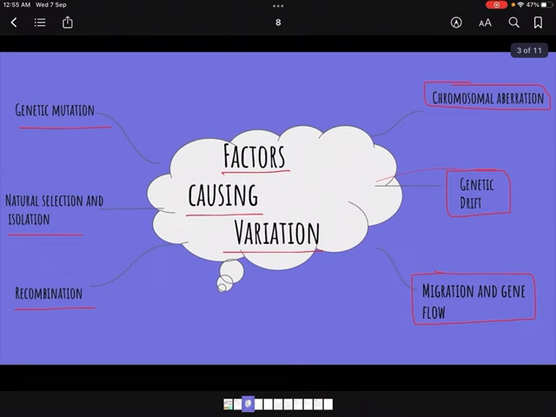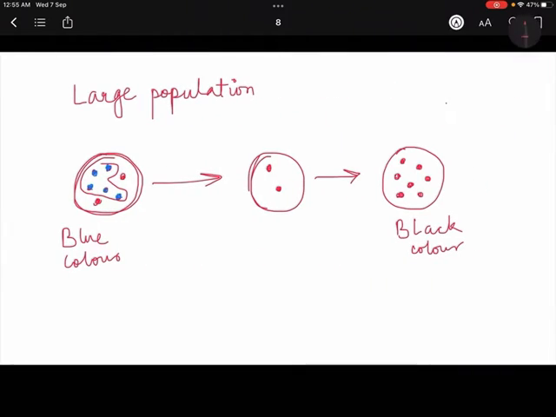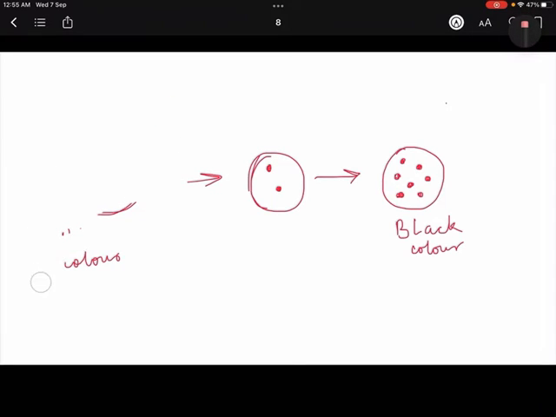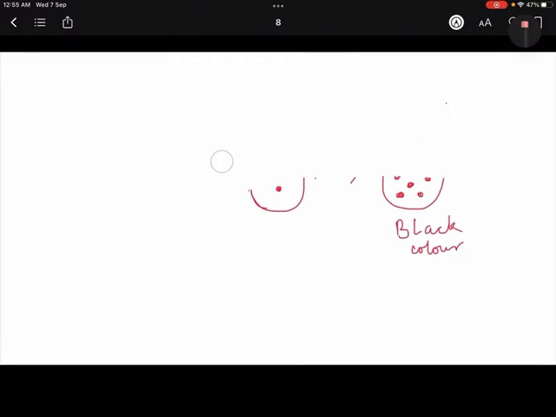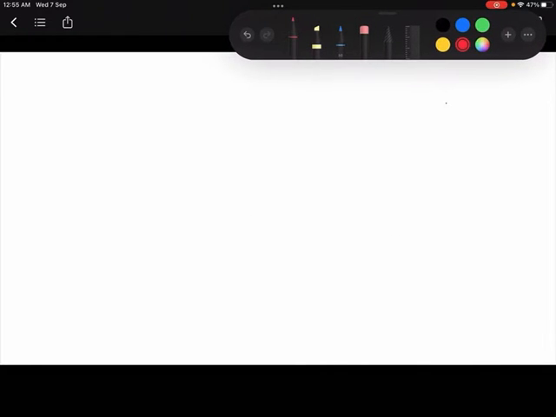Next is migration and gene flow. Again, migration and gene flow will play a relatively lesser role in variation, because for example, migration has always happened. There was never a time when there was not migration. People were mobile, people have moved from continents to continents and places to places.